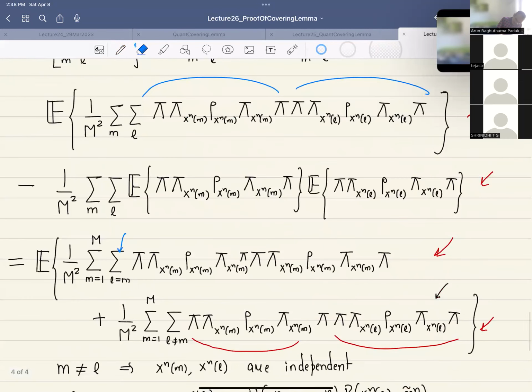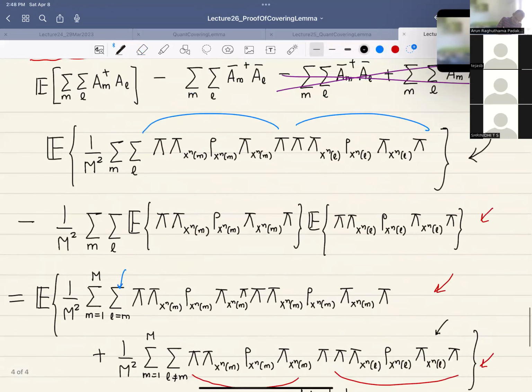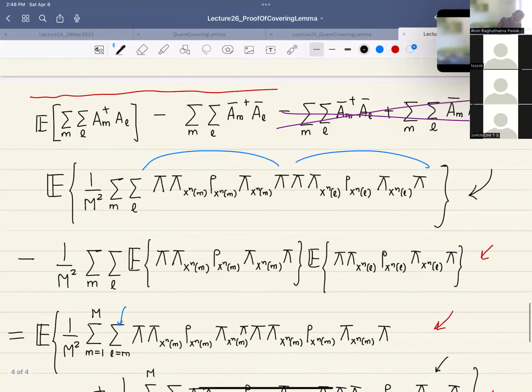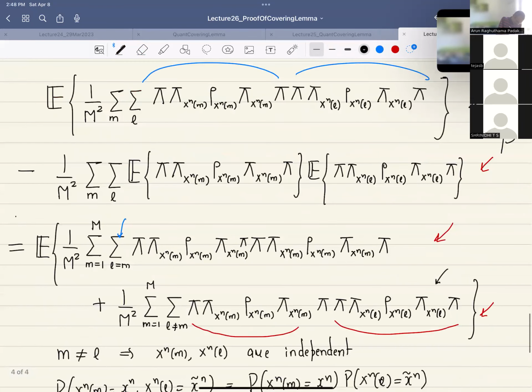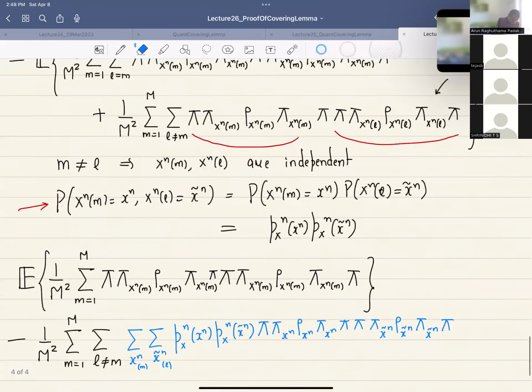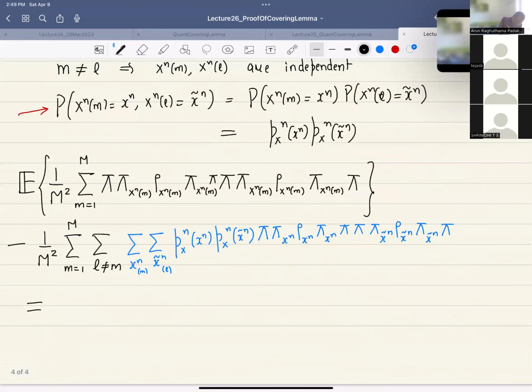Let's call this big alpha. Let's call this big beta. So this is alpha. Okay, so alpha has two terms. I'm getting alpha as this, right? What is beta?